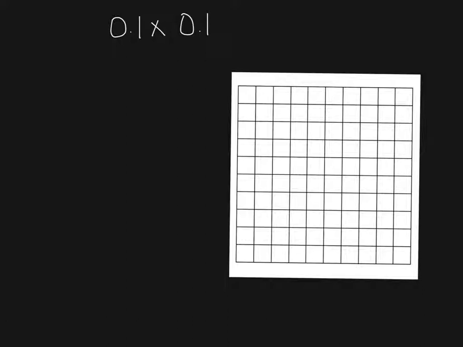Okay, now we're going to figure out what 1/10 of 1/10 is. And we're going to do this by using a hundreds chart. And I'm going to highlight a tenth in yellow here. Okay, so that is my first 1/10. So I have 1/10 of a whole.